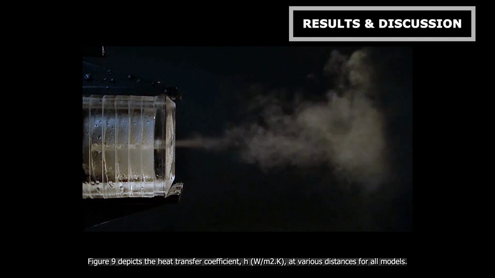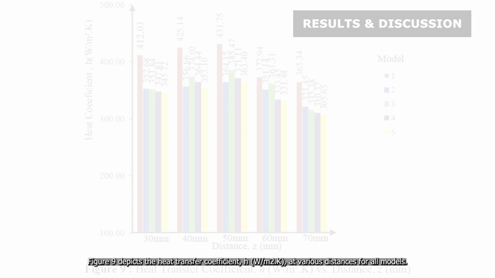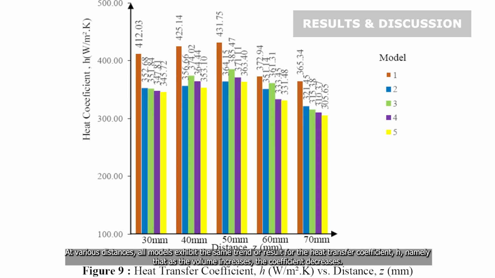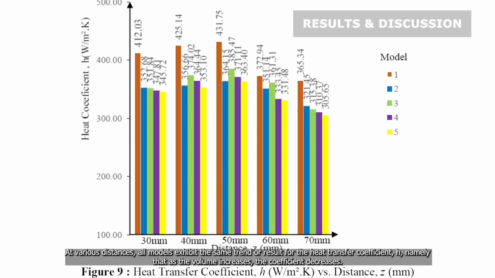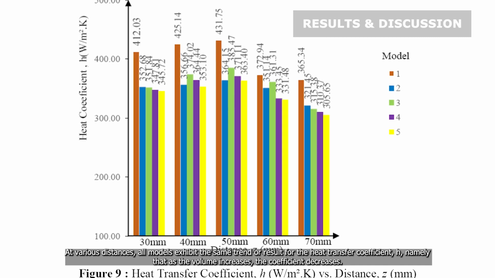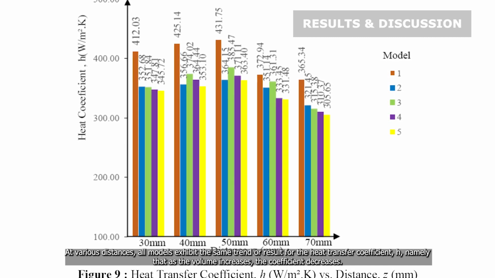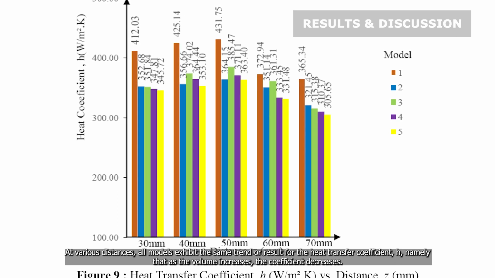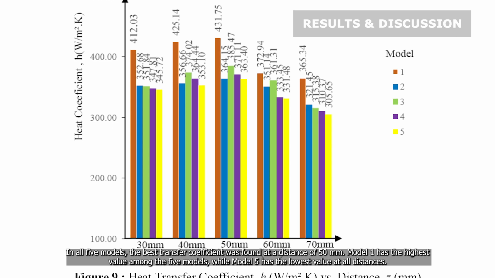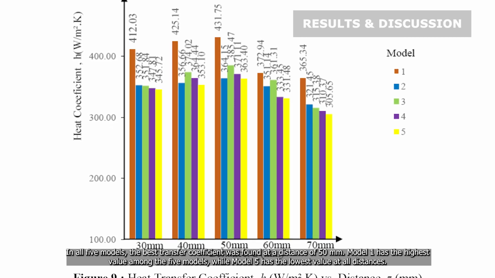Figure 9 depicts the heat transfer coefficient at various distances for all models. At various distances, all models exhibit the same trend for the heat transfer coefficient, namely that as volume increases, the coefficient decreases. In all 5 models, the best heat transfer coefficient was found at a distance of 50 mm.